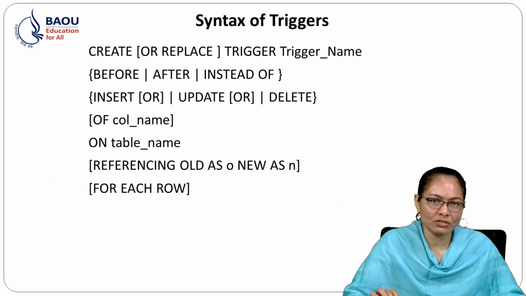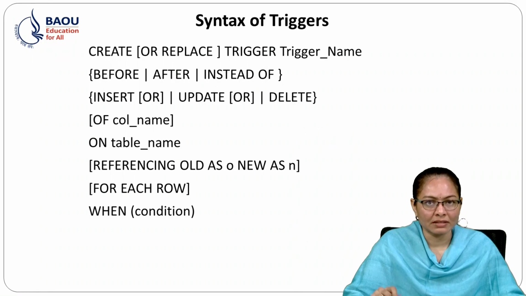Now for each row, this is used only when we create a row level trigger. This trigger fires when each row gets affected, that is a row level trigger, or just once when the entire statement is executed, that is a statement level trigger. Now the when clause with a condition is valid only for the row level trigger.